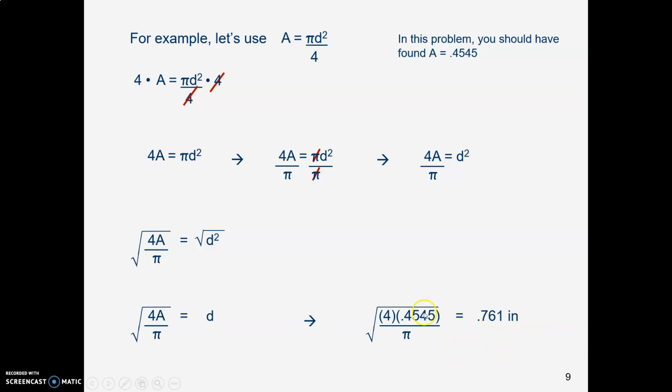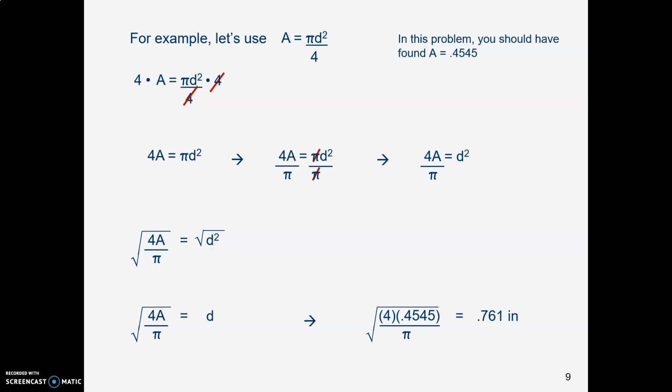Or the other thing I would do with this kind of equation, I would go 4 times 0.4545, enter. Then I'd go that divided by pi, enter. Then I'd go square root of that, just to make sure I'm taking the square root of what I think I am. If all goes well, you should come up with 0.761 as your diameter.